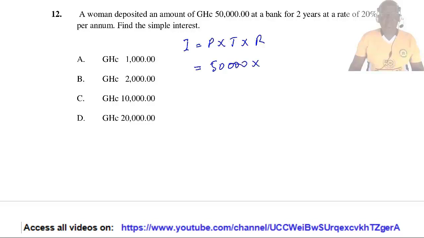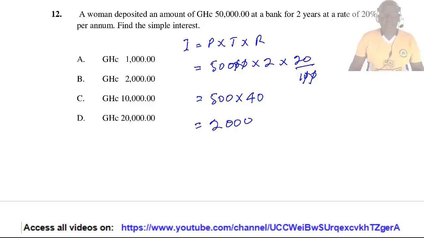The time is 2 years, and the rate is 20%, or 20 divided by 100. Zeros will cancel out. So we shall be left with 500 times 40, which equals 20,000. So the answer is D.